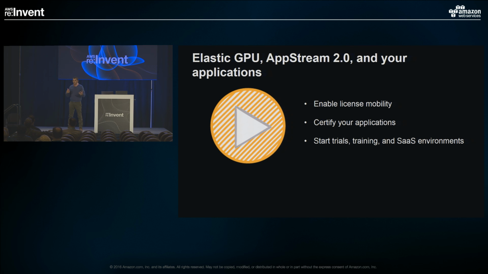So on both sides, I would encourage you to make your applications deployable as is on this platform, and to provide these access points for training and trials, et cetera, through the AppStream 2.0 solution.